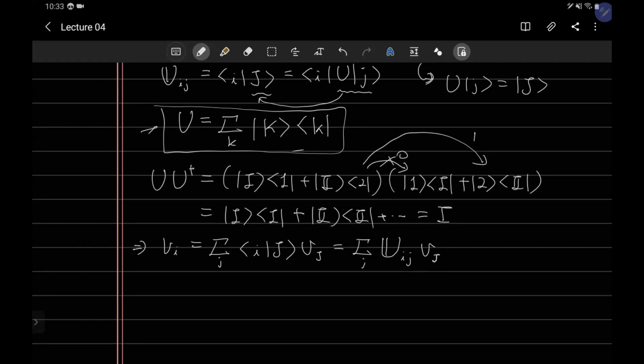Then what about the transformation of the matrix representation, the transformation of the elements of the matrix representation of some operator?